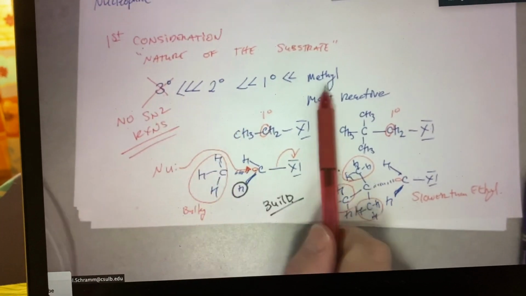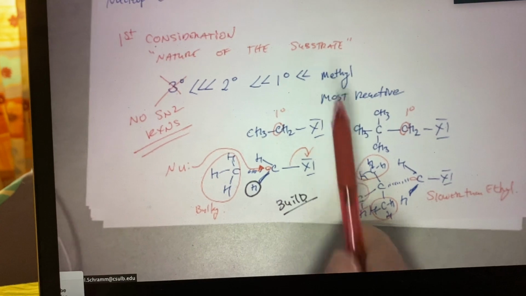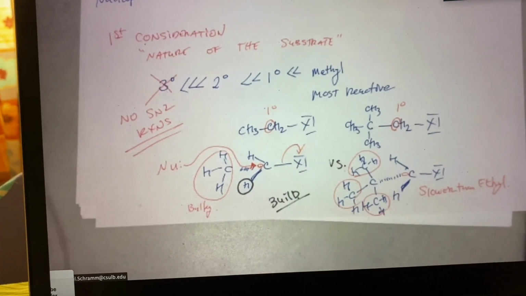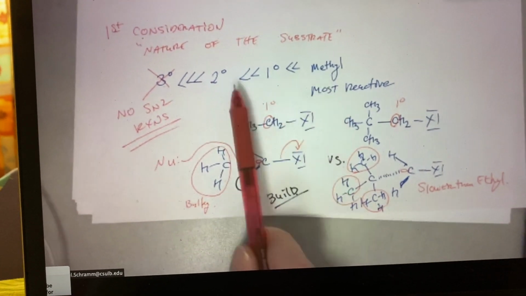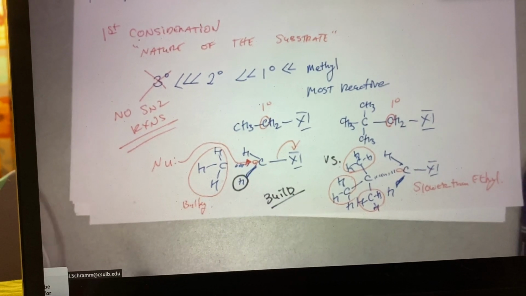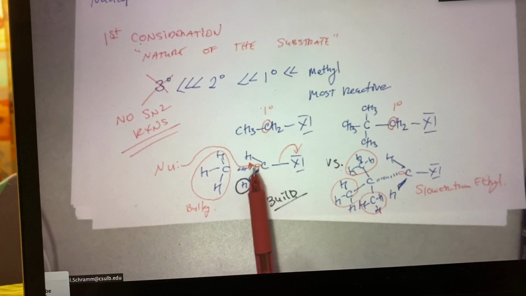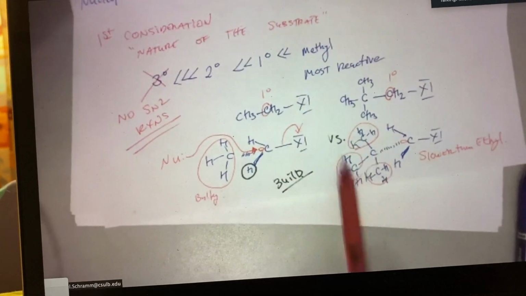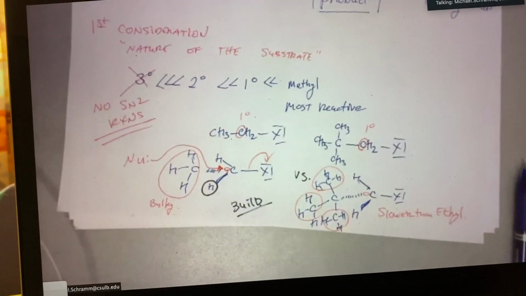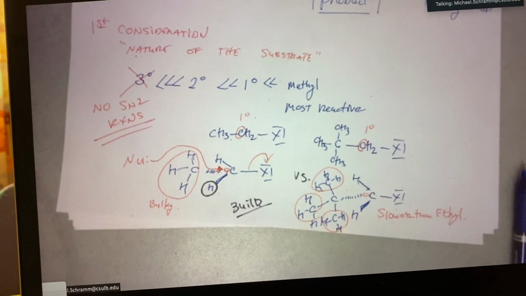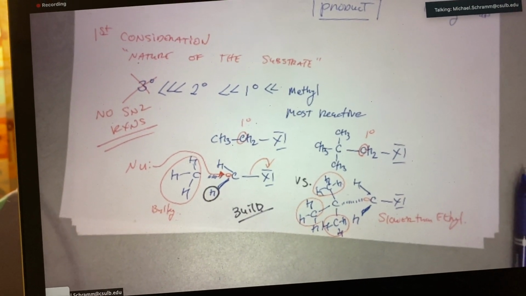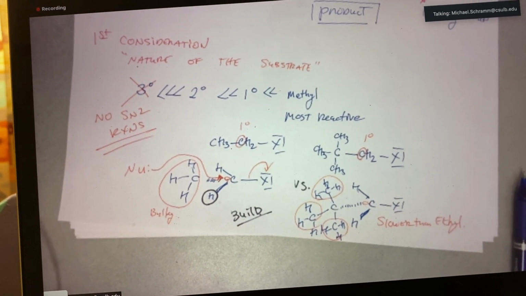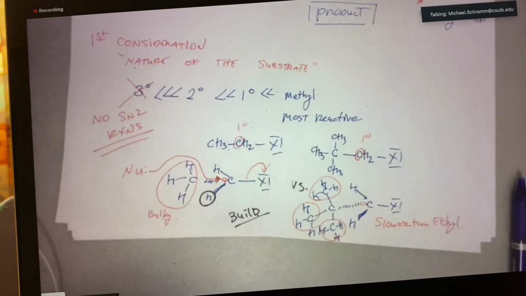The point is, this trend is based on steric bulk at the carbon attached to the leaving group. Fewer substituents, more hydrogens is better because the nucleophile can find it. Nucleophiles are going to have a tougher time getting here past this sea of methyl groups. So the nature of the substrate is in fact a steric trend, or a bulk trend.